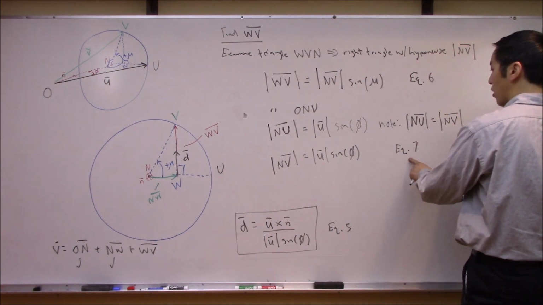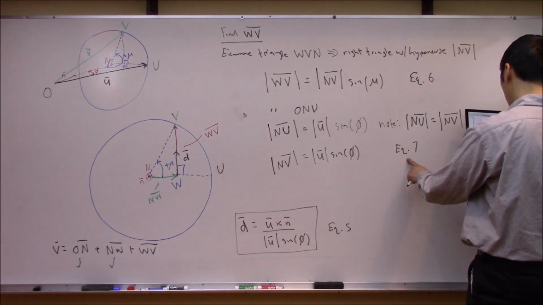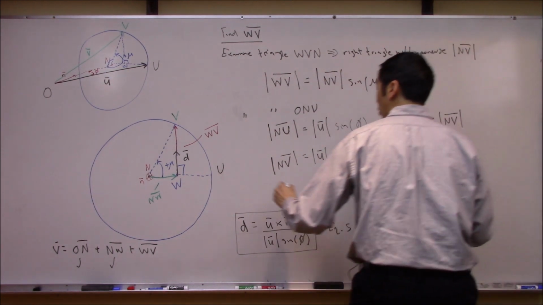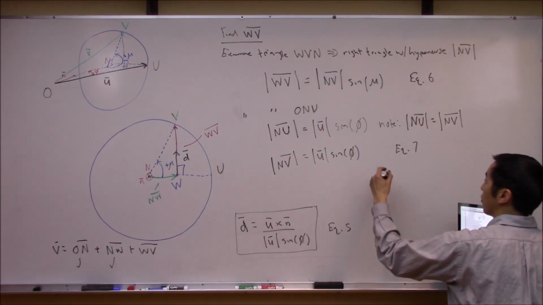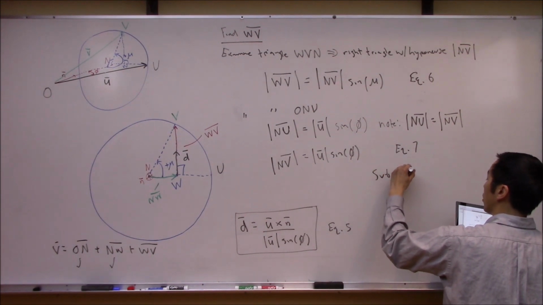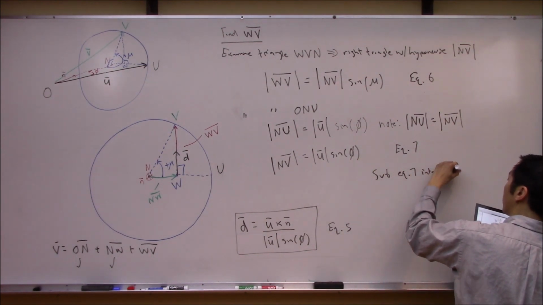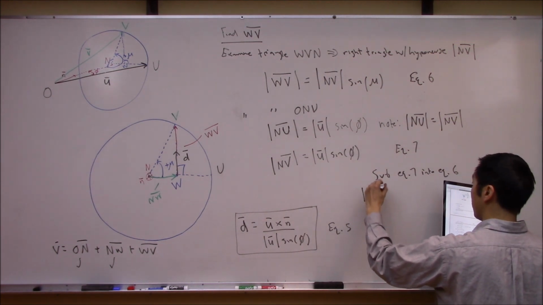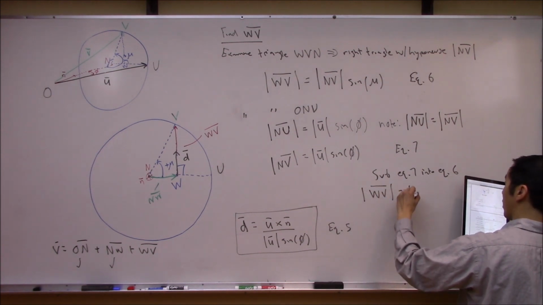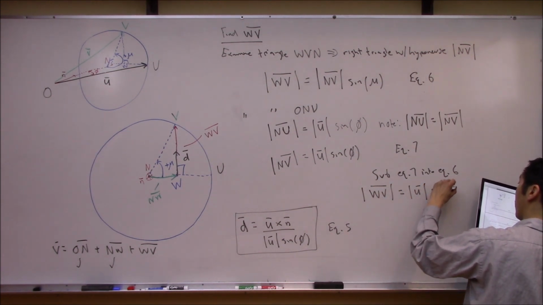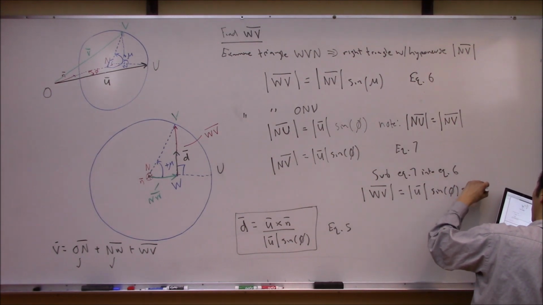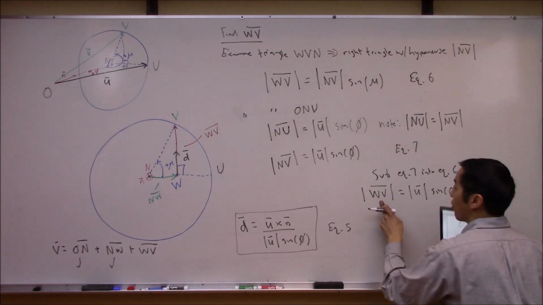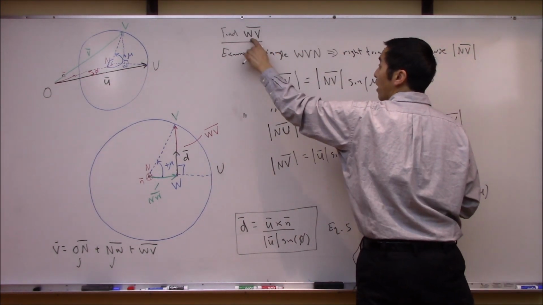Now if you think about this long enough, why don't I substitute equation 7 into equation 6 for this expression. So let me write that down over here. Sub equation 7 into equation 6, and we end up with the magnitude of WV equal to the magnitude of U sine phi sine mu. So this is the length of the vector we're interested in. Remember, we're trying to find this vector WV.